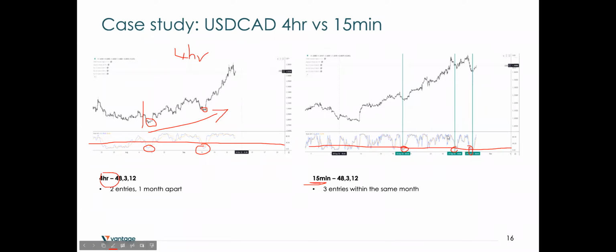But that doesn't mean that your entries are always accurate, because this additional entry that you have entered, even though you have made money, would not be as effective as these two. So this is probably like 300 pips, this might be another 500 pips, whereas this might be just say a 50 or 100 pip move only. So you increase the frequency of your trades, but the quality of the trade might not be as good.